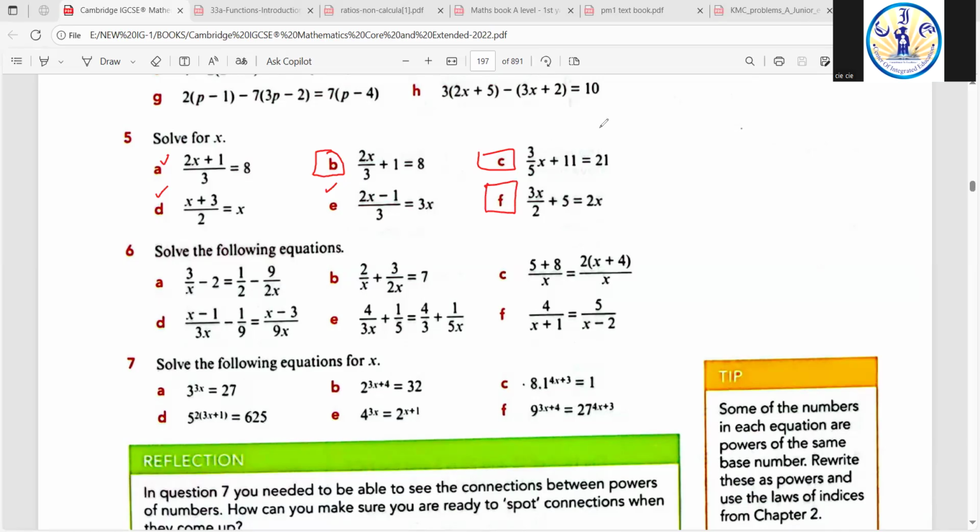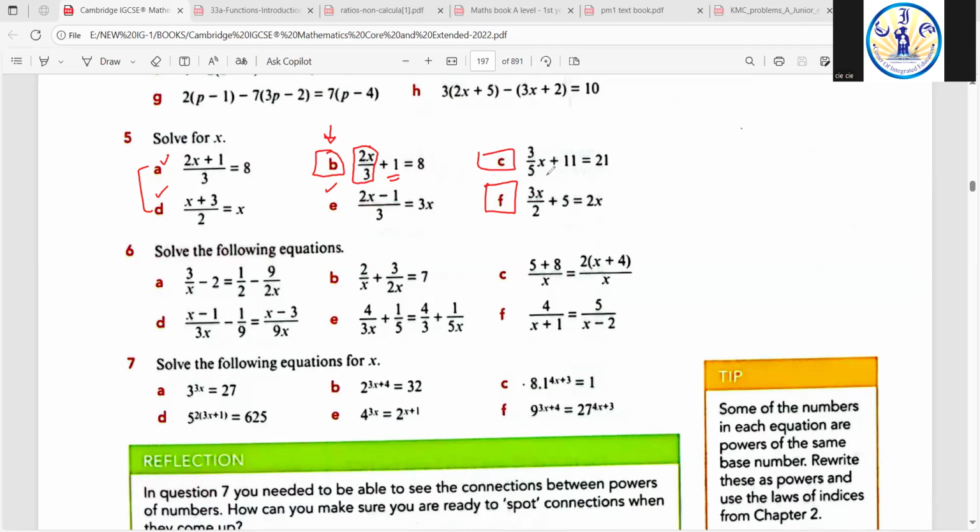The difference, if you notice, is that in this type, there is only one fraction on the left hand side of the equality. A single fraction is there. But in this type, we have got a fraction with a separate number or a constant.